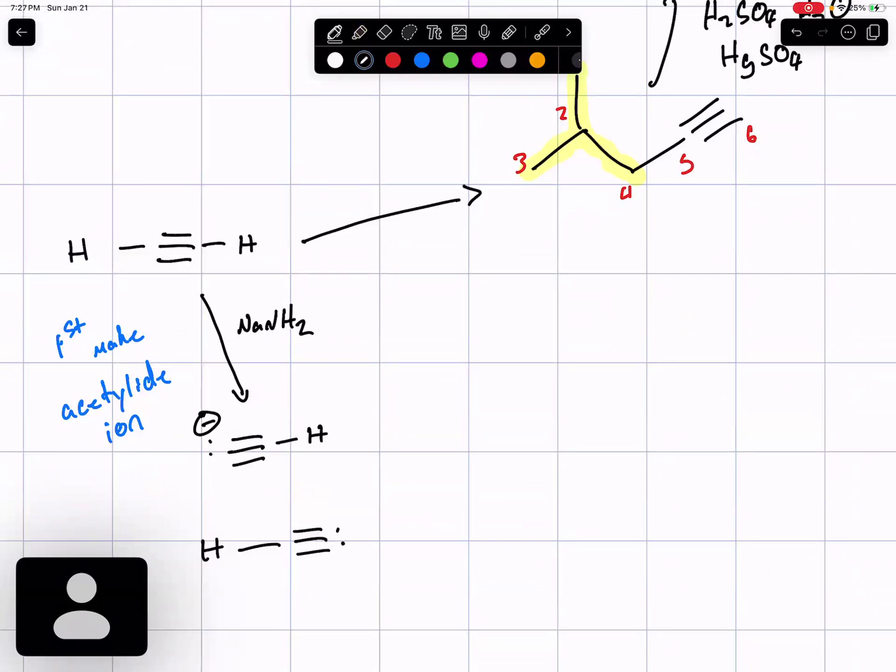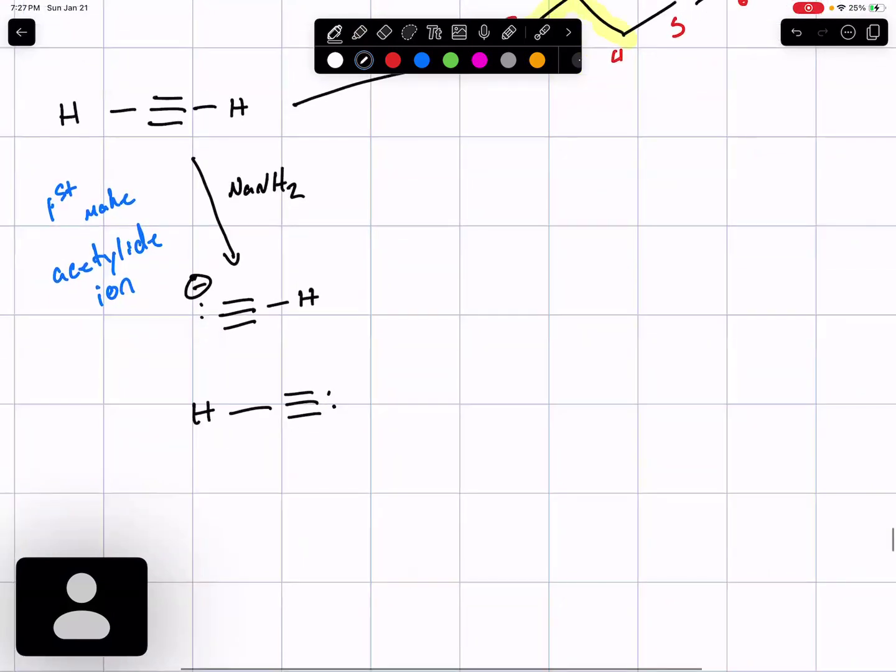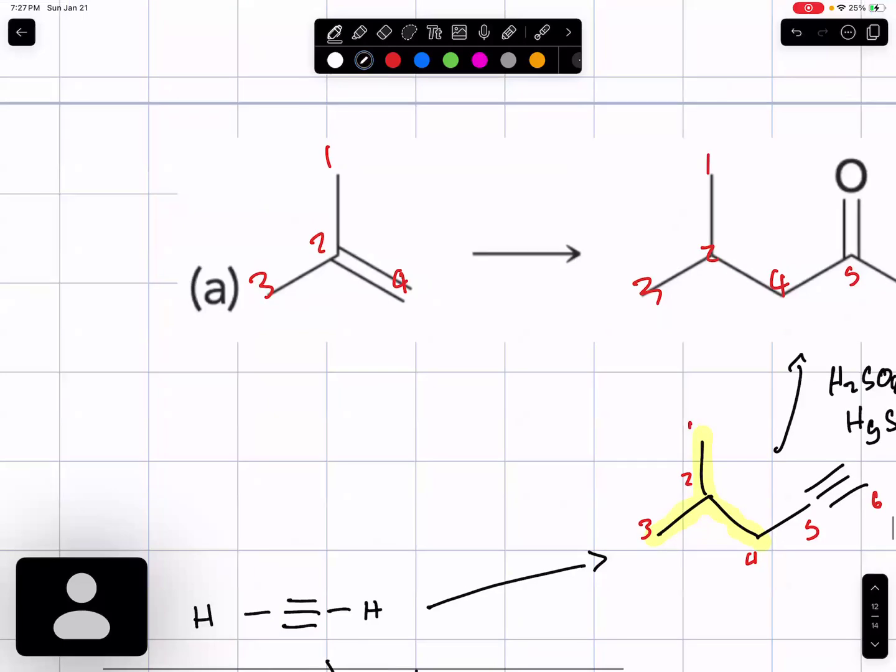Oh, this is an SN2 reaction, guys. Remember? Could we have just used the starting material? No, right? Because you don't do SN2 type reactions on an alkene.